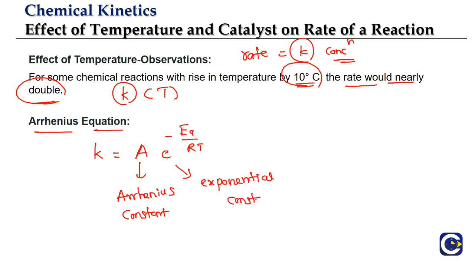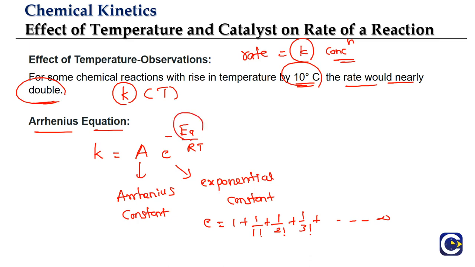It is not required here to understand it in detail, but generally it is 1 plus 1 by 1 factorial plus 1 by 2 factorial plus 1 by 3 factorial and so on, going up to infinity. This is the value of the exponential constant e. It is a mathematical constant.